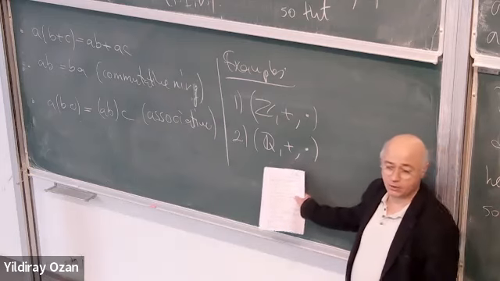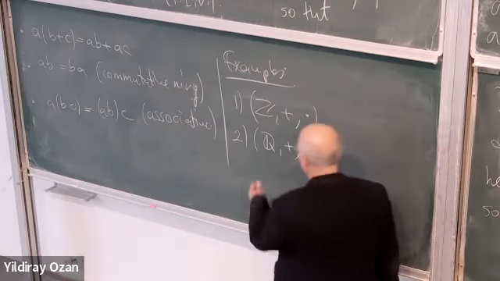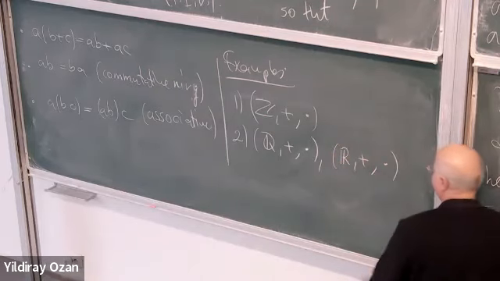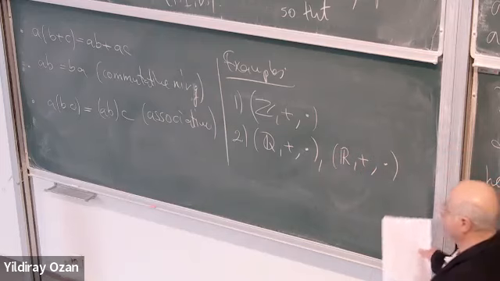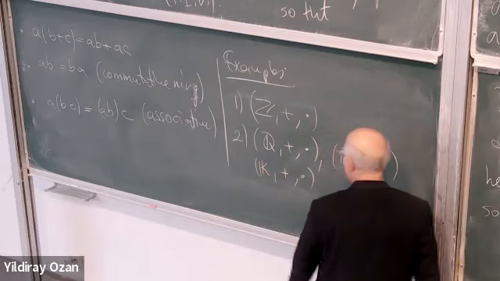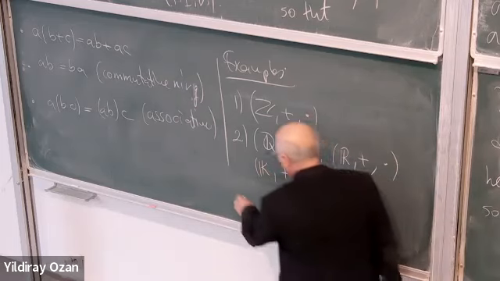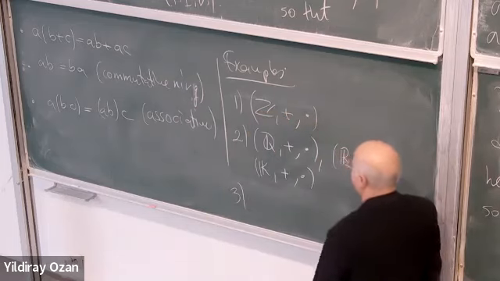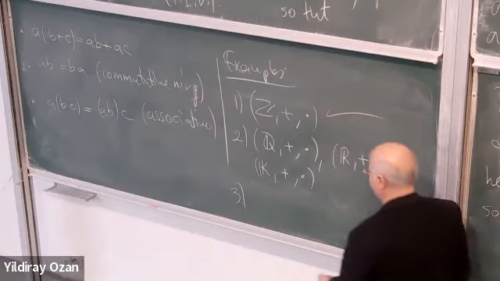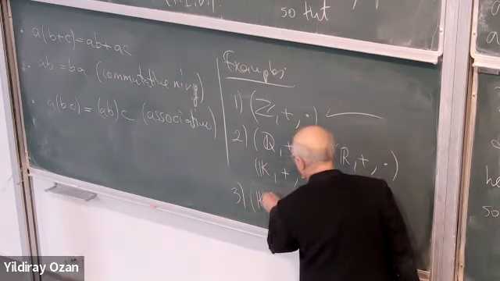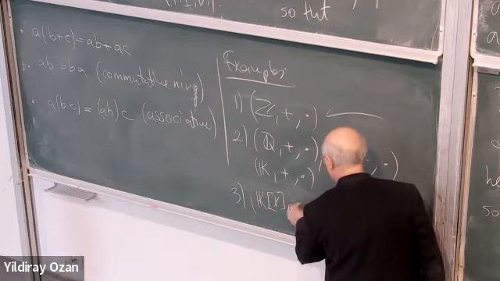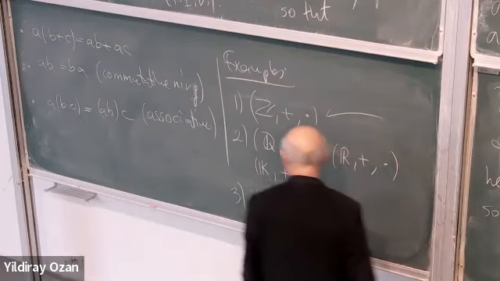Here, every non-zero element has an inverse. Of course, we can also consider this ring or complex numbers, any field actually. And what else? Our basic examples will be this one, and the other one will be a field with X in it, and then addition and multiplication.